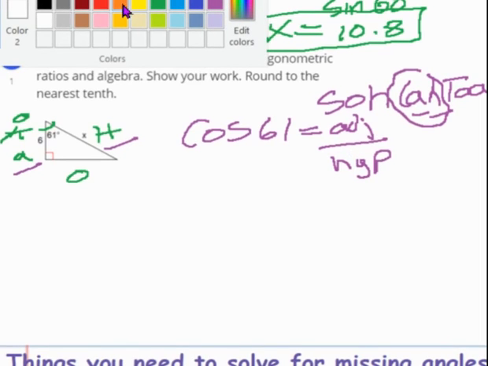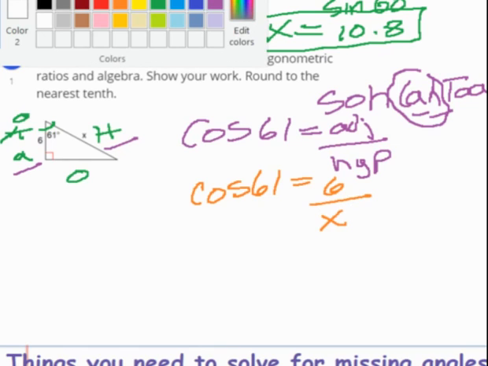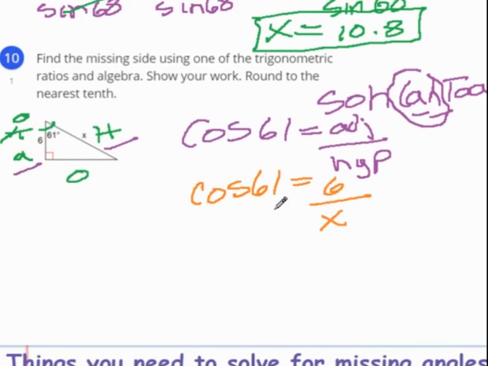Whoops, let's change our color here. So that means cosine of 61 equals the adjacent side, 6, divided by the hypotenuse, which is x. Oh, look, x is in the denominator again. Well, in class, we talked about a shortcut. When you have something in the numerator on one side and the denominator on the other, these guys can just switch places.